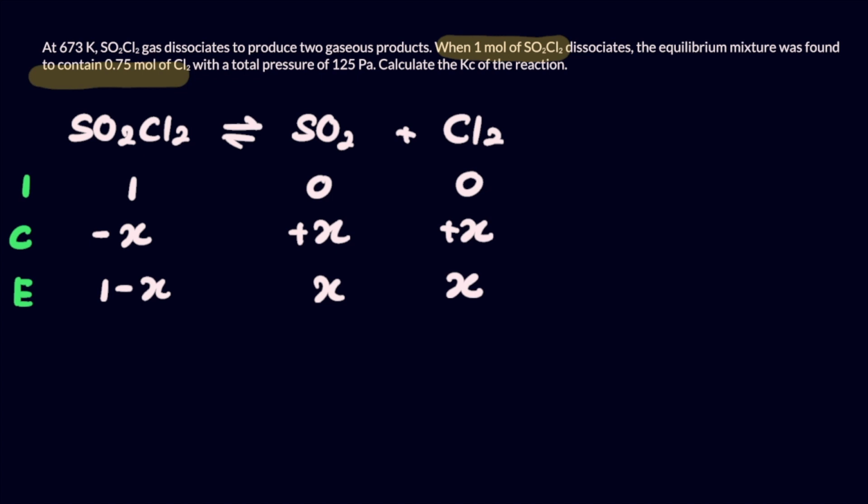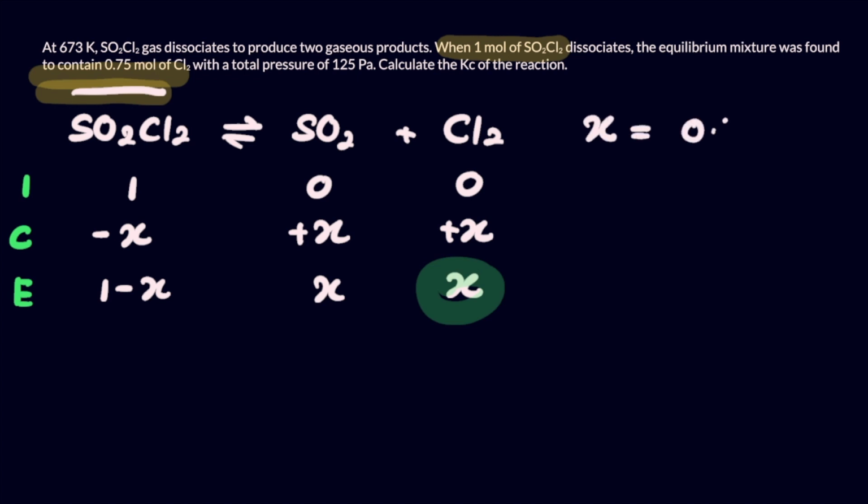It states here that at equilibrium 0.75 mole of chlorine is being formed. So here we can say that your X is equivalent to 0.75. So we are going to write it again, 0.75.